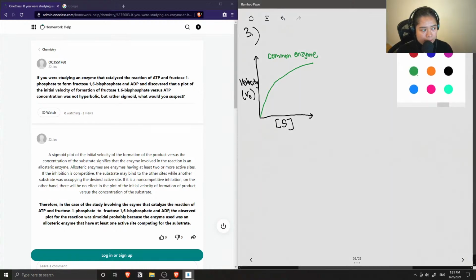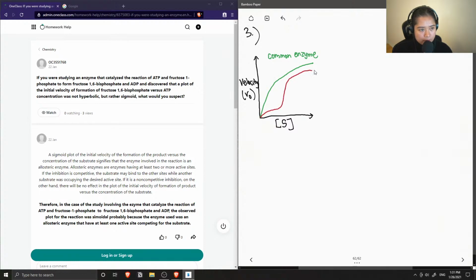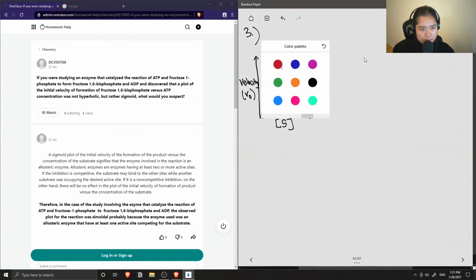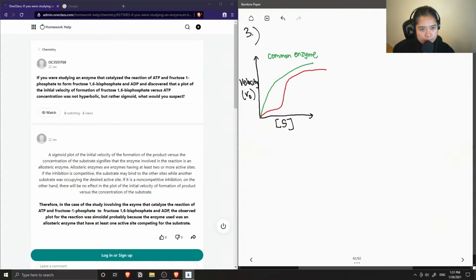But in our case, we have a sigmoid graph, or a sigmoid looking plot. When you have a sigmoid plot, it kind of looks like this. And you can see it's kind of shaped like an S. So when we have a sigmoid curve, this tells us that our enzyme is allosteric.